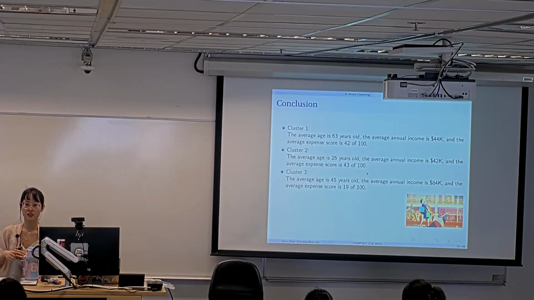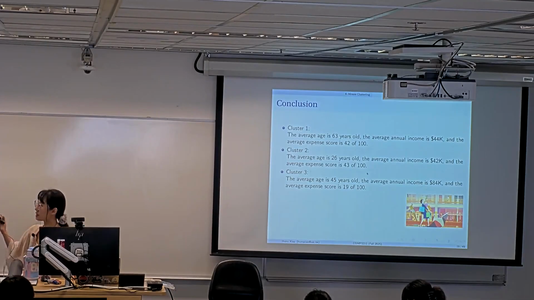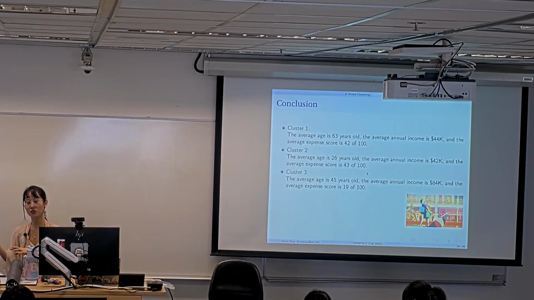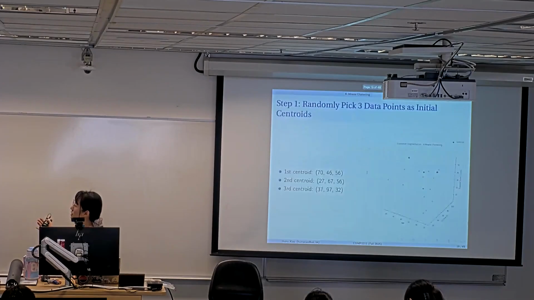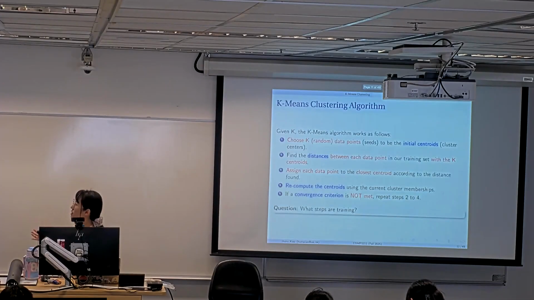Same for the centroids? The centroids, yes, will change, because after the clustering changes, of course, the centroids will also change accordingly. Yes, very good question. If we look at the algorithm steps here, it only says to find the distances, but which distance function to use is, again, for us to decide.